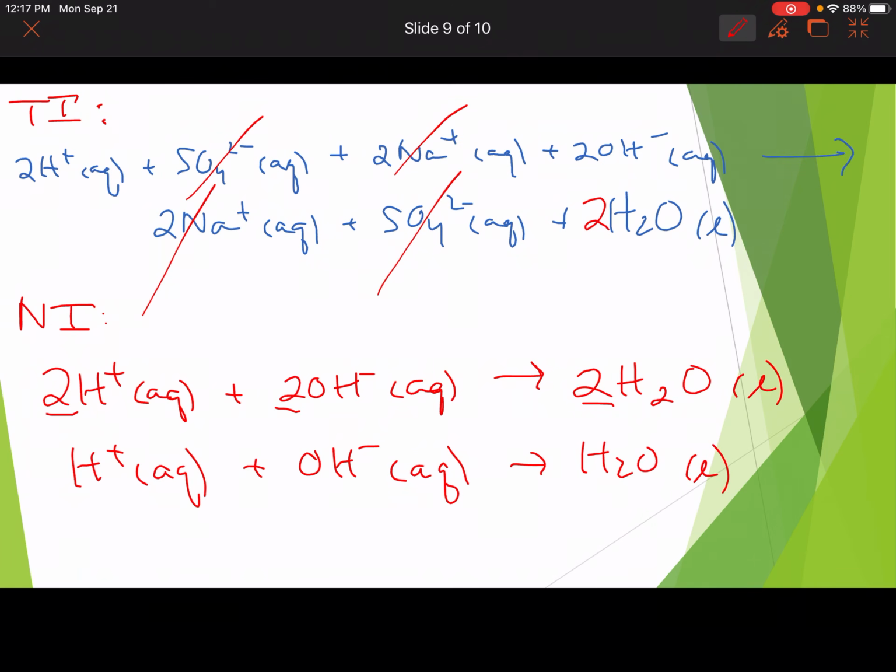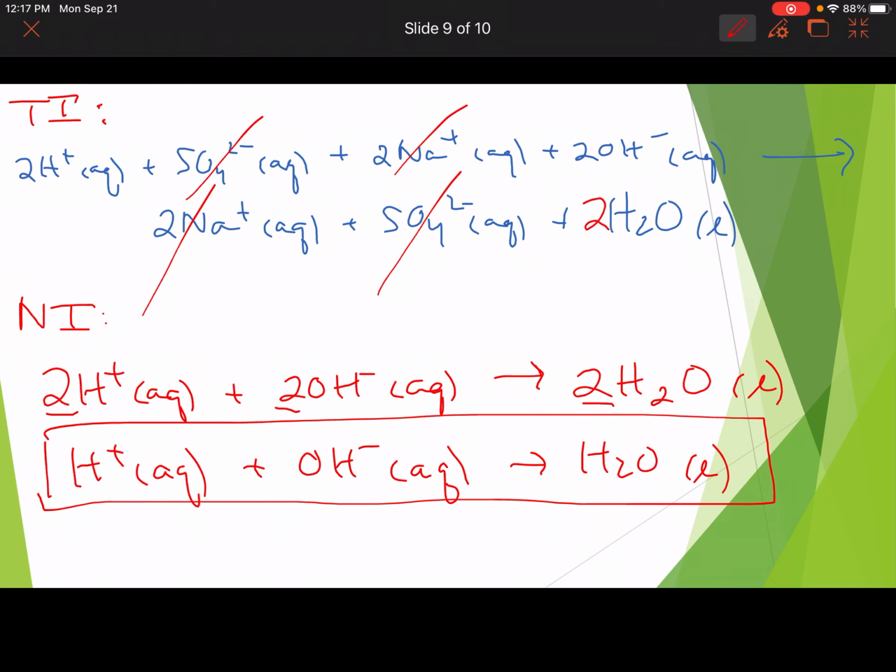So that is my net ionic equation, and I'll give you a little trick shortcut. For every neutralization equation, that is going to be your net ionic equation. And if it's not, you've done something wrong and you need to go back and check your work. Often, if people are going to make mistakes in this, it'll be in the total ionic equation.